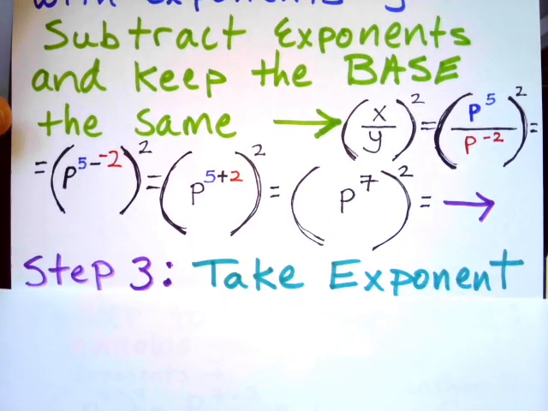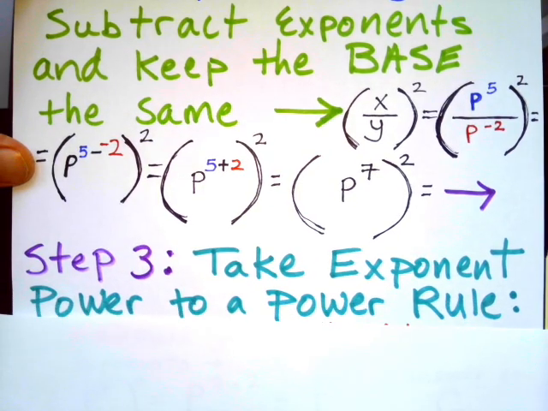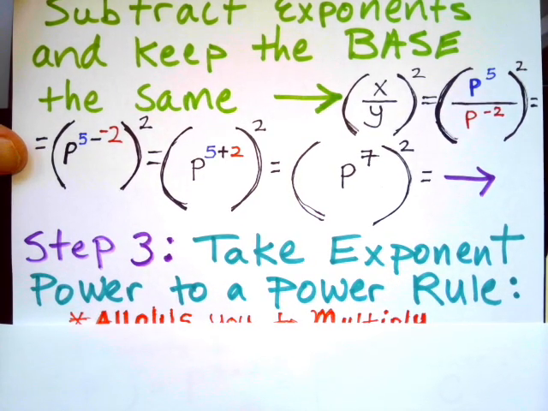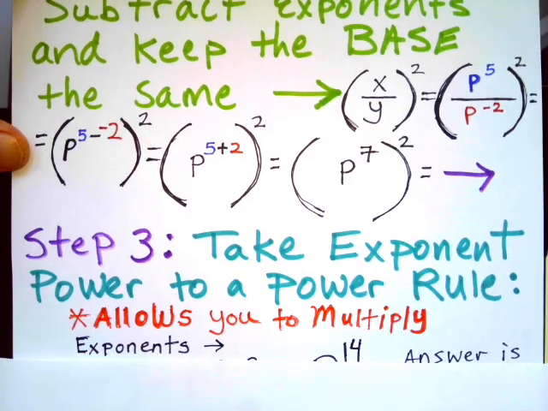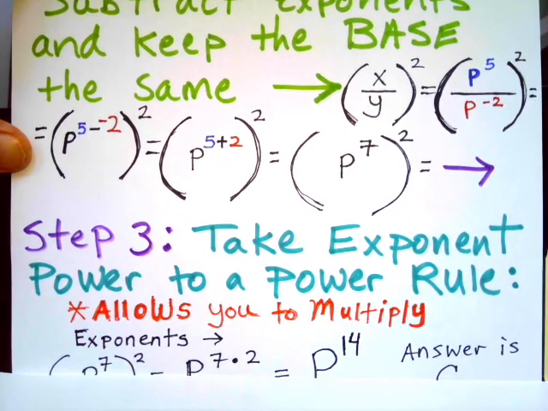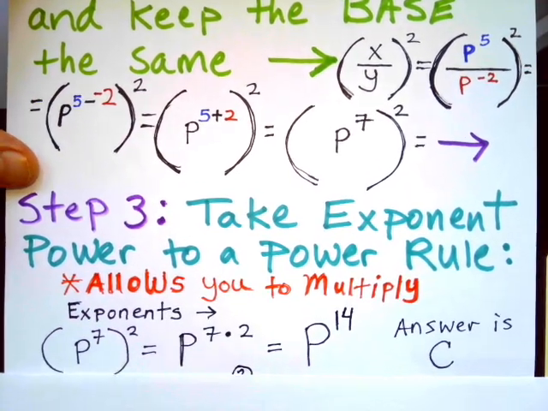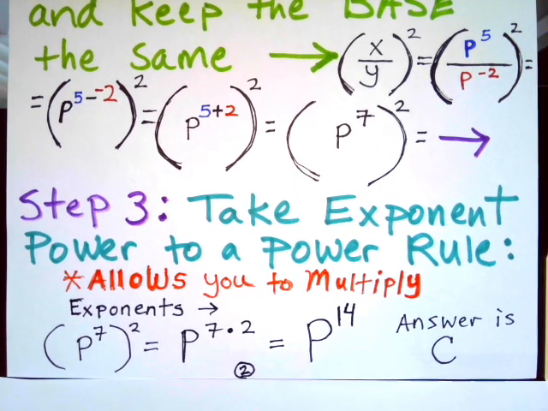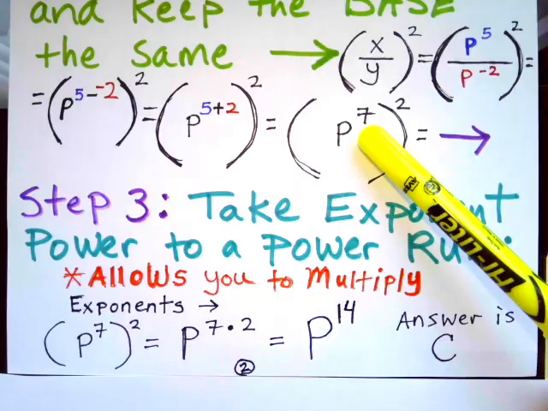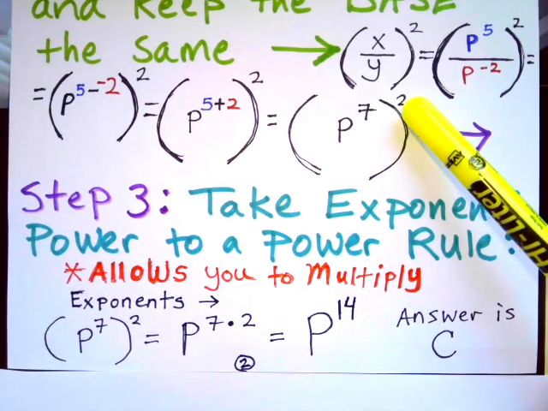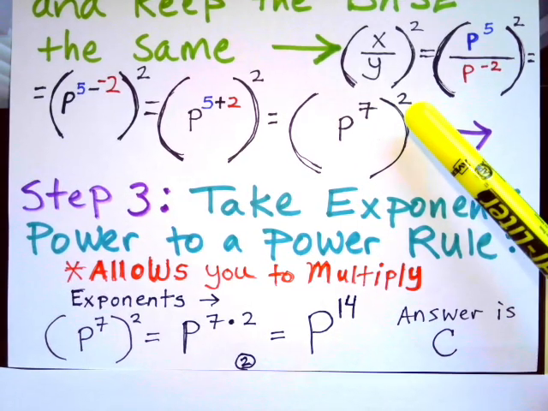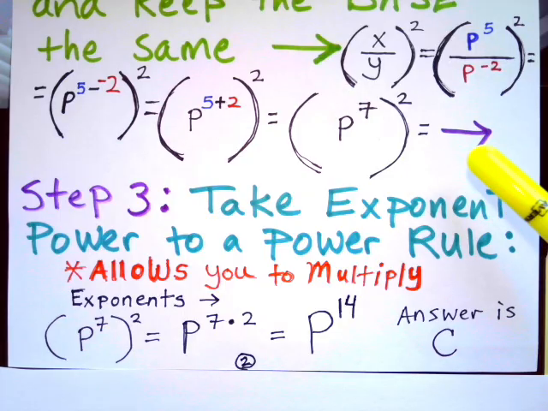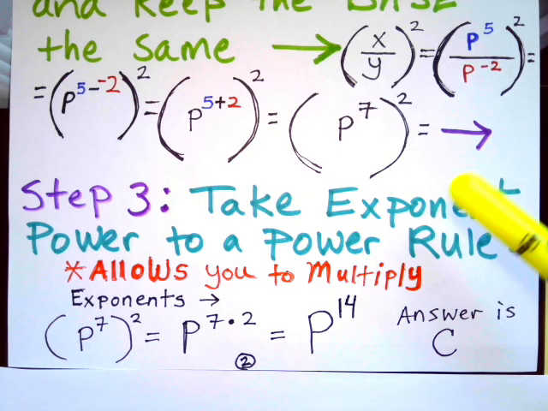So now we're going to take the exponential power to a power rule, right? Which allows you to multiply the exponents. So in backing up a little bit, when you have a power, p to the 7th power, raised to another power, power to a power, there's an exponential rule. Check out my videos on exponents. I made a bunch, I think it was 9 different exponential rules I go over.